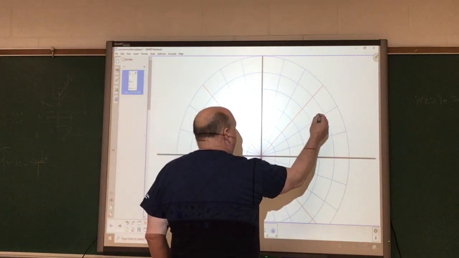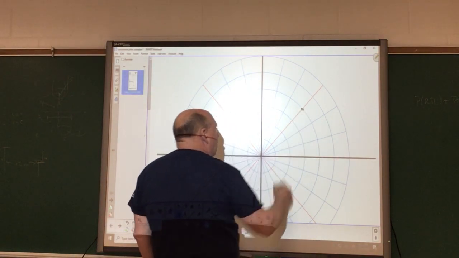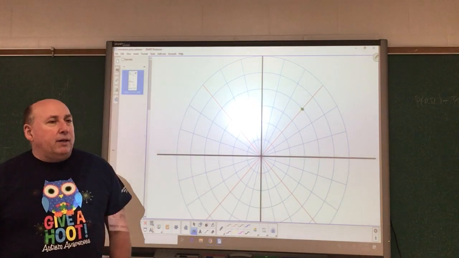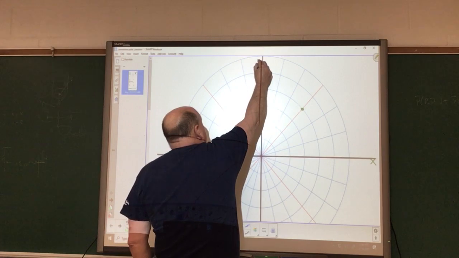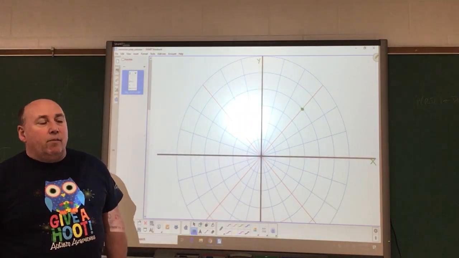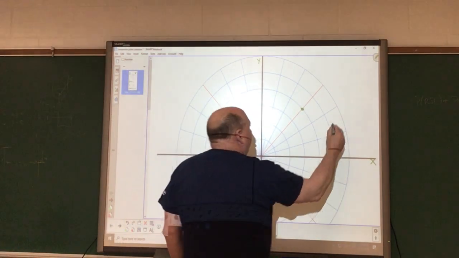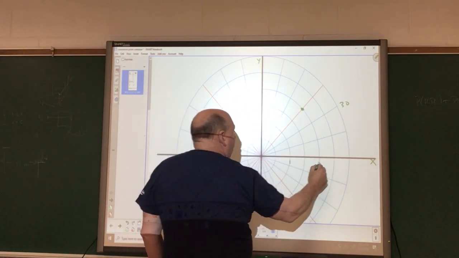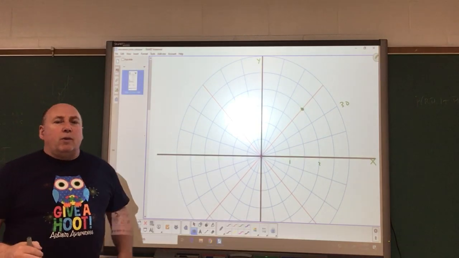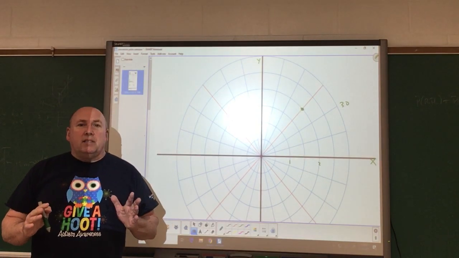and it does not matter which point we pick. If we pick this point, we have the x and the y axis here. But we also have the r and the theta axis. So we have two different types of axes here.